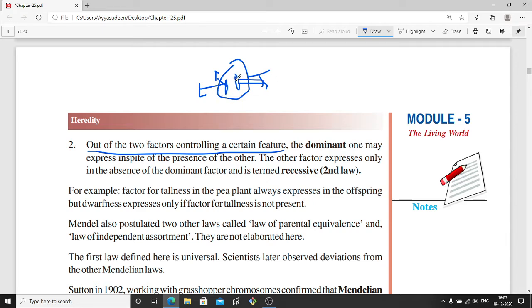If any one of it is dominant, okay, you know, dominant and recessive. If you don't understand this word, check the dictionary. So dominant, if yellow is dominant, what will happen? Even though this white factor is found, still the flower will look yellow in color. So if yellow is dominant, then it will be yellow in color.